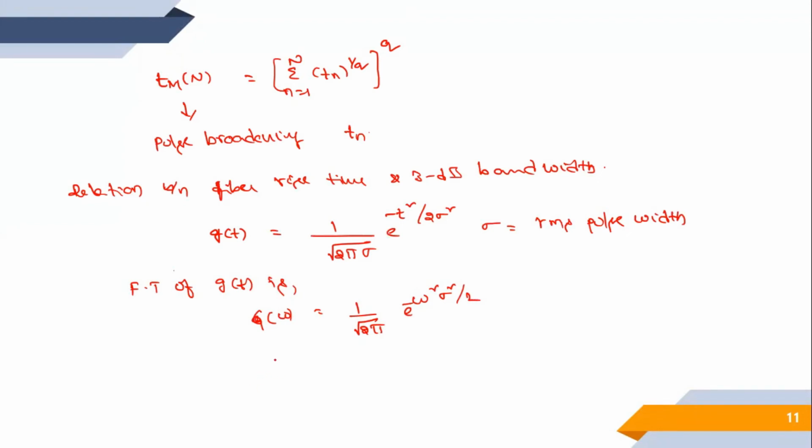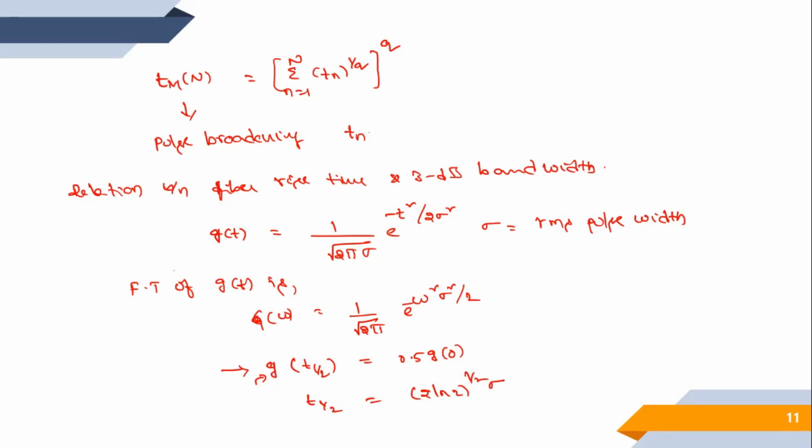And here g of t 1 by 2 is equal to 0.5 g of 0. So this is the half maximum value of the Gaussian value, and t1 by 2 is the time required to reach this half maximum value, which is given by 2 ln of 2 whole to the power 1 by 2 sigma.